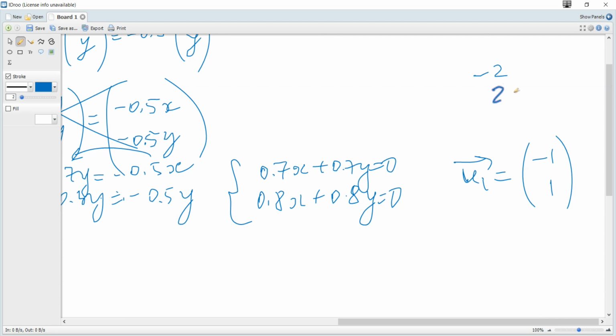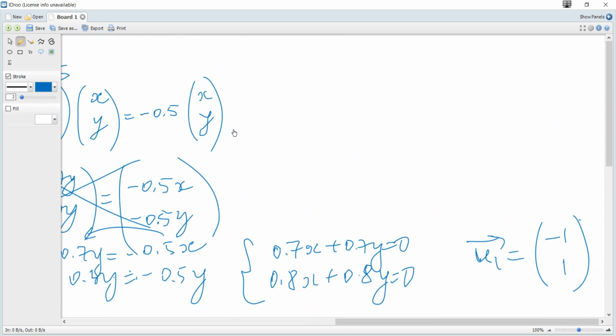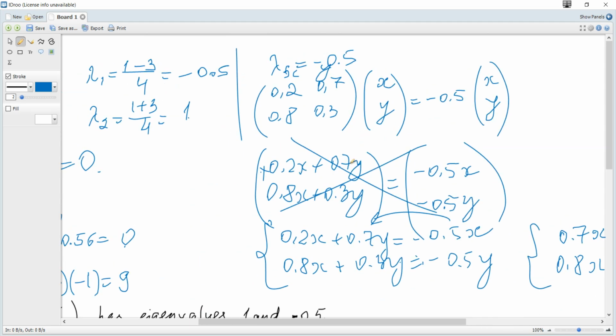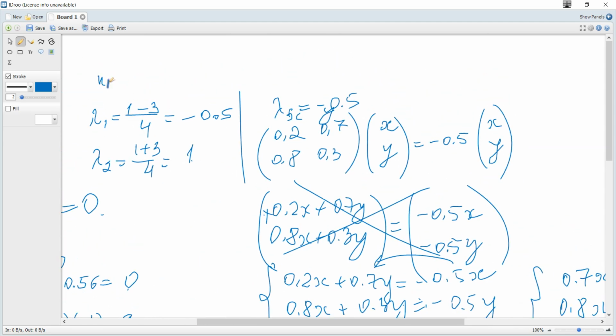If we write -2, 2, it also will be correct, it also will be true, but it is suggested to take the least integers. And the second must be automatically true. If the second is not true, it means that there is a mistake. And notice that in general it is enough to use only one, but you may check the other, it also must be true. So the corresponding eigenvector is -1, 1.